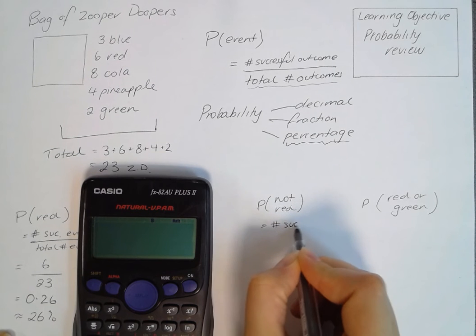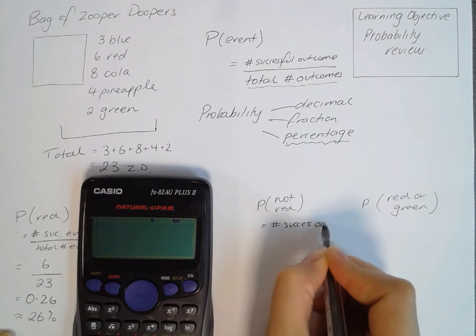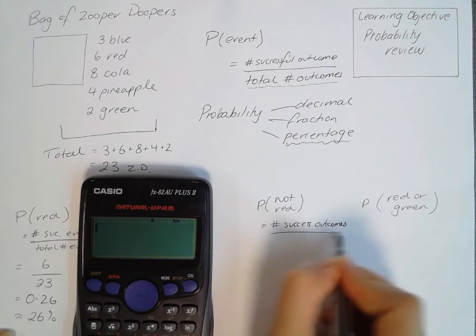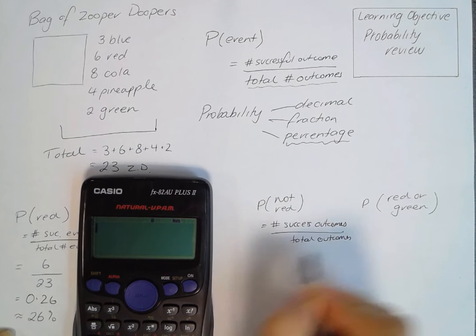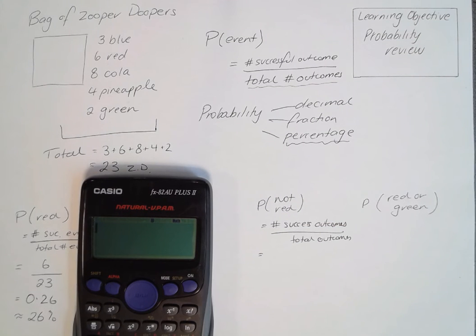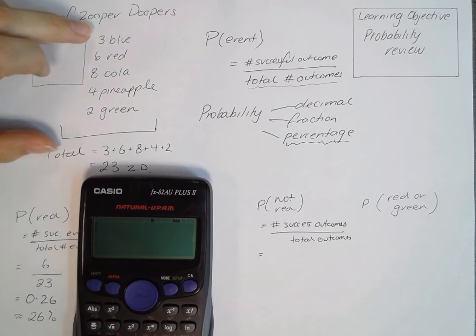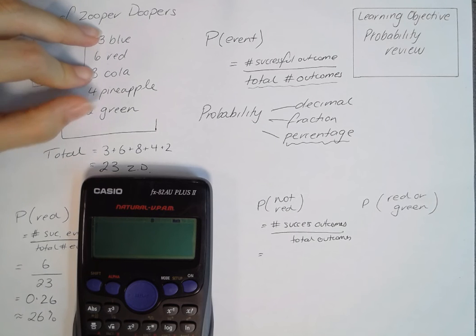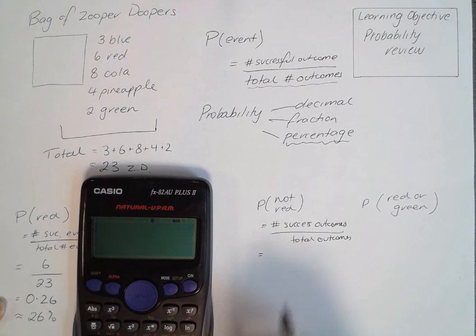Okay, so the number of successful outcomes divided by the total outcomes. You can see I'm changing this a little bit, but as I said, as long as there's a good version of this rule, that's fine. Alright, successful outcomes in this case. Now we don't want a red one, so anything but red. I don't like red, I want everything else. So you could have a blue, a cola, a pineapple, or a green. They are all successful outcomes.